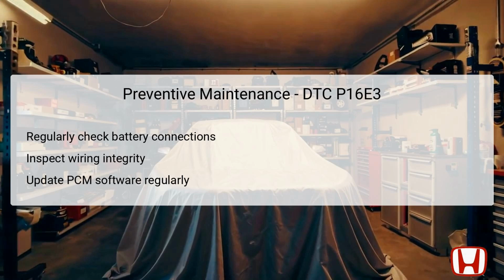Inspecting the integrity of the wiring that connects the battery sensor to the PCM should also become a routine part of your vehicle's maintenance regimen, detecting any issues before they escalate into major problems. Additionally, it is prudent to ensure that the PCM software is updated regularly, enhancing communication efficiency and potentially preventing associated error codes. By adhering to these practices, you can improve the overall reliability and performance of your vehicle's electrical system.